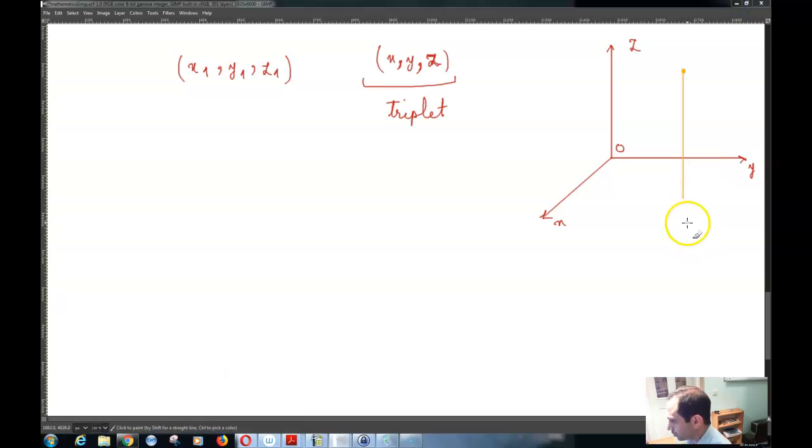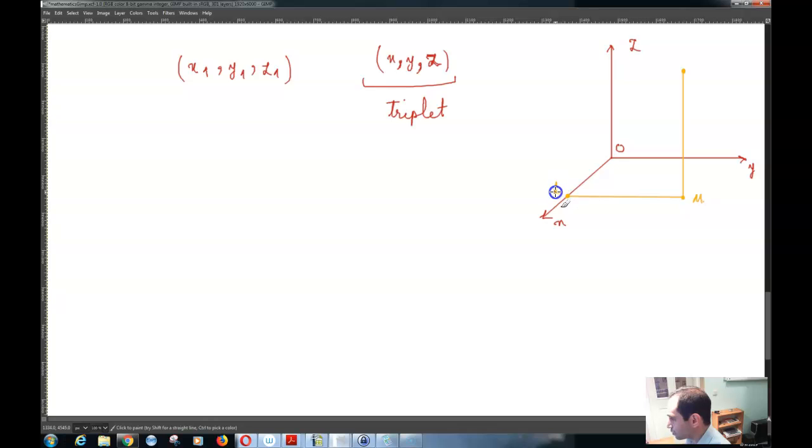So I drop a perpendicular to that plane, and I call the foot of this perpendicular M, for example. Then from this point M, you draw a perpendicular ML to the x-axis, and that would look something like this.